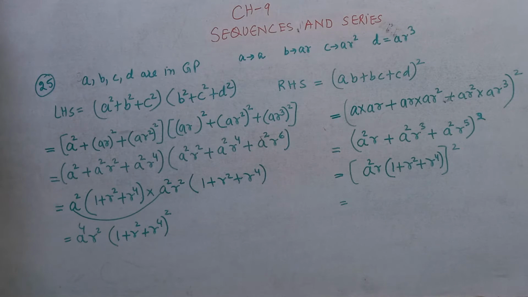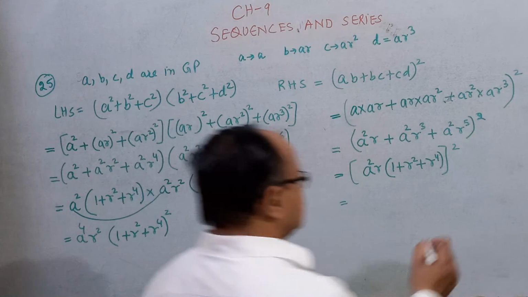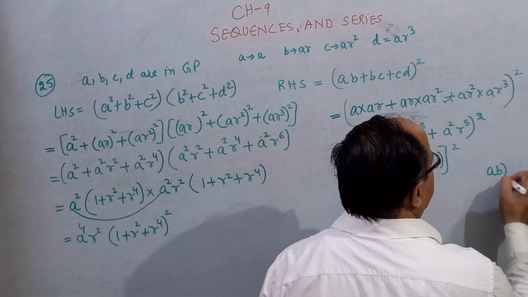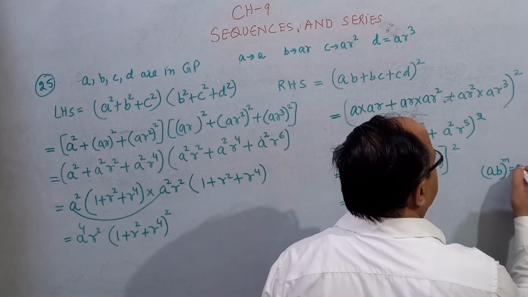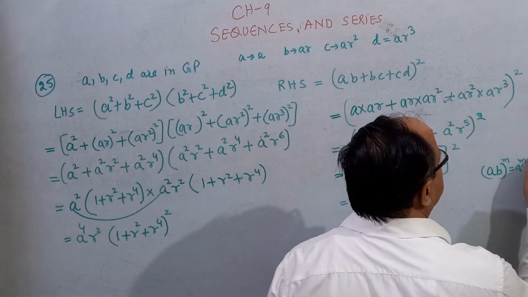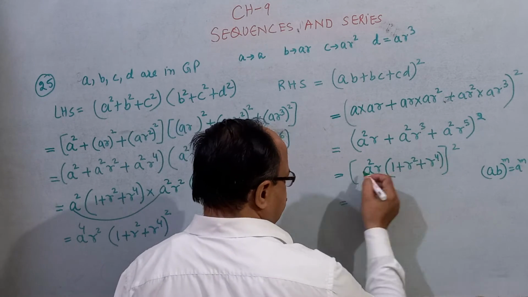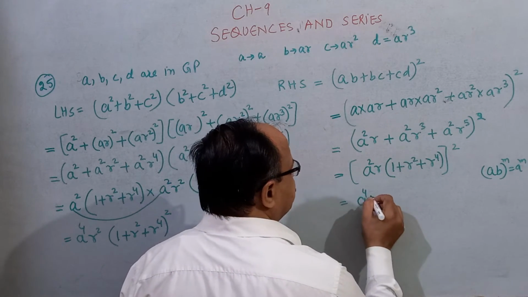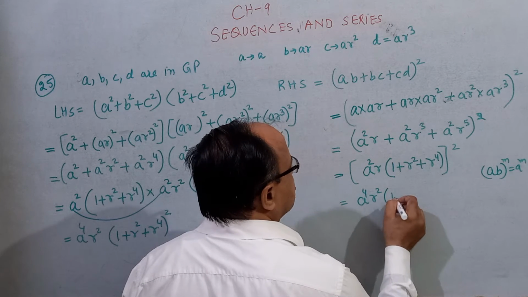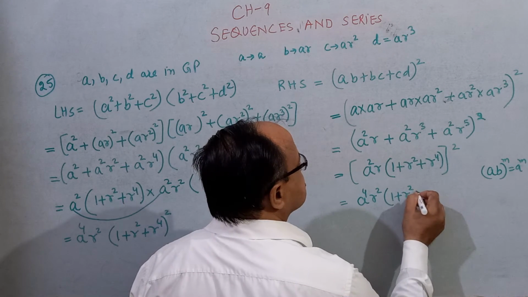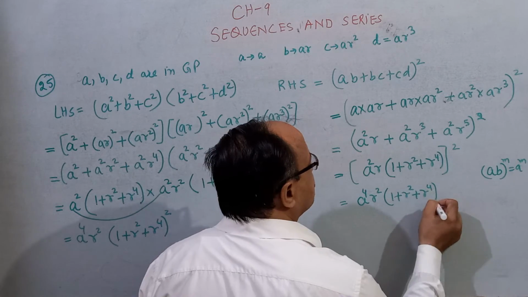Now you know the exponent rule, that is ab whole to the power m, you can write a to the power m and b to the power m. Same procedure here. Square of this, that is a to the power 4 r square, 1 plus r square plus r to the power 4, all to the power 2.